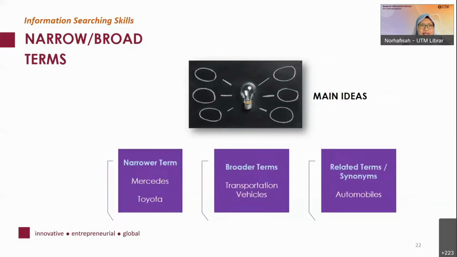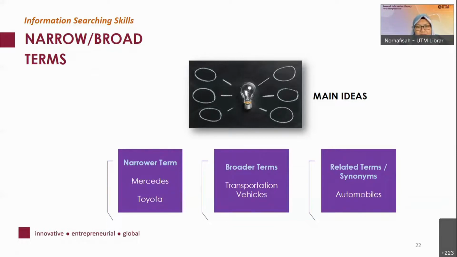This is the narrow or broad term. When we have a main idea, we need to narrow the term. For example, you want to find a car. You can narrow the term to each brand, for example Toyota, Mercedes, Perodua, Proton, and so on.